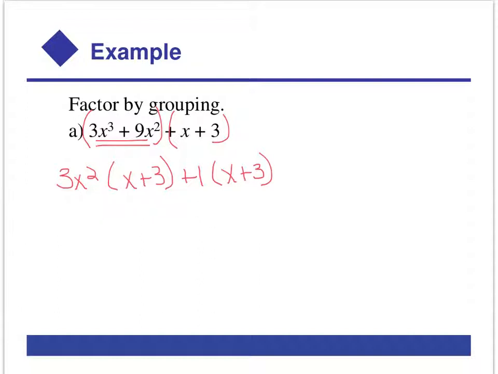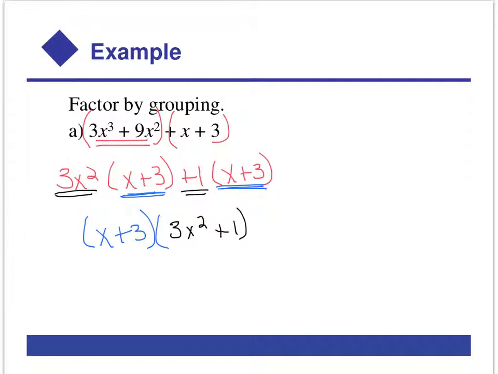Now, these binomials in the set of parentheses need to be identical. That's your trick. So we write them down one time, x plus 3, and then the 3x squared and the plus 1 go in the other set of parentheses. And that is your final answer. You have factored by grouping.